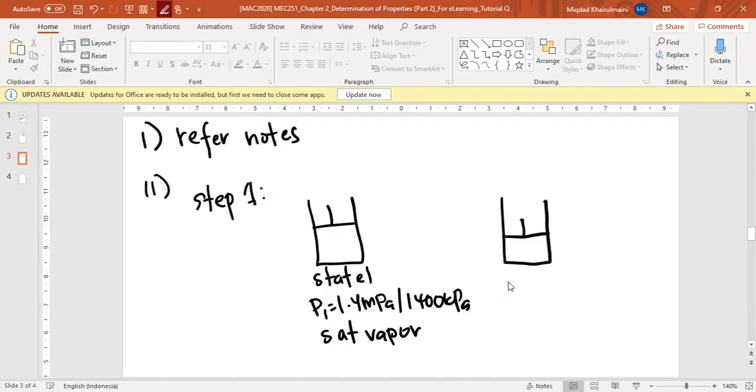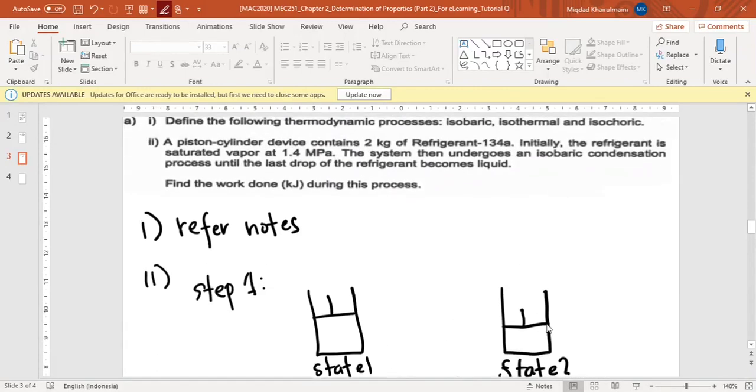This is state 2: constant pressure process, isobaric, and the phase is saturated liquid, because it continues until it becomes a liquid, not a mixture. So connect both states by the process, an isobaric cooling process.